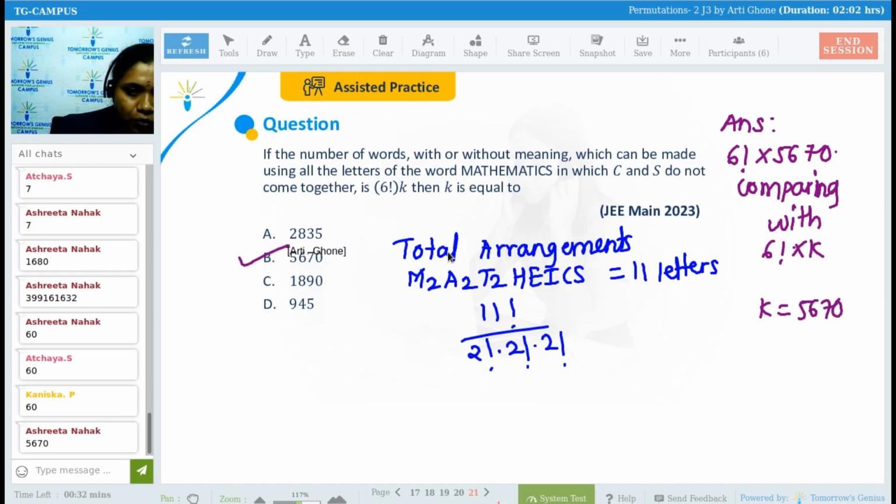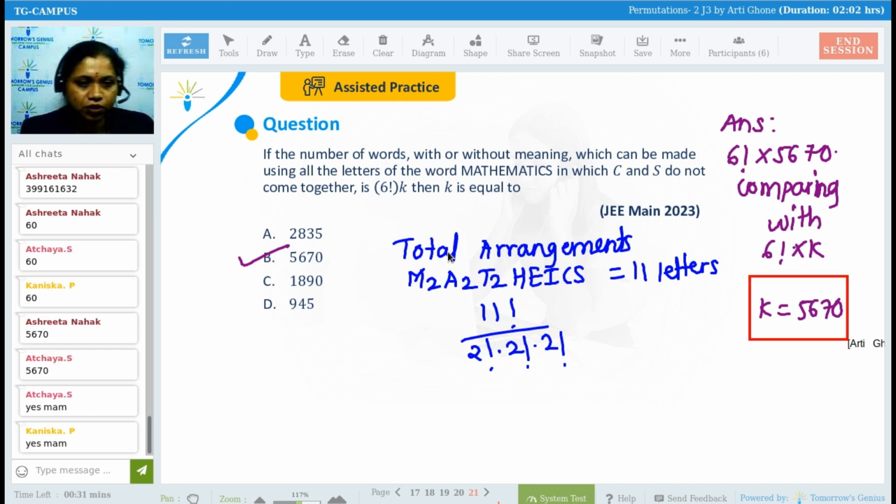So the answer is option B. Clear? Yes or no? Please, big smile on your faces. 5670 is our final answer. Okay. If you have a smiley in your chat box, please put a smiley. If you don't want to smile, okay, fine.